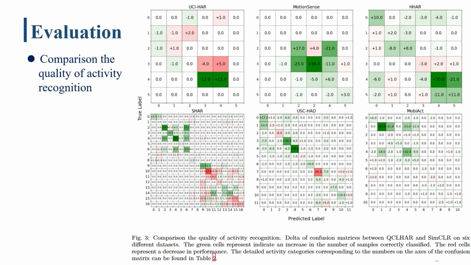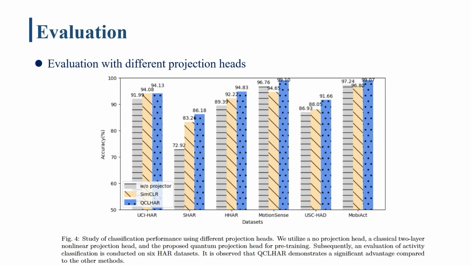We can see there are more green cells, which means our method gets better accuracy than the traditional self-supervised learning, SimCLR. Because the main contribution is the projector design, we also compare different projector heads: without a projector, SimCLR, or our QCL-HAR method. Our method gets better performance than the others over the 6 data sets.